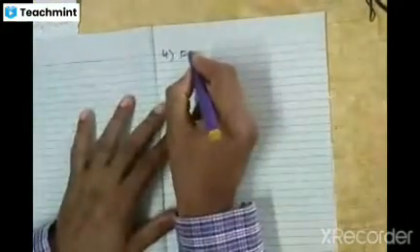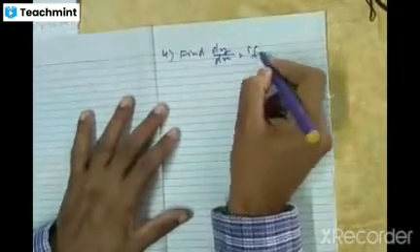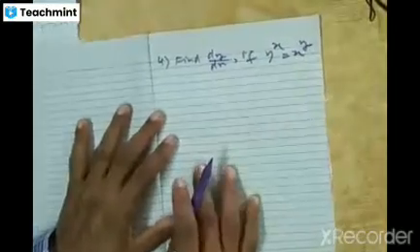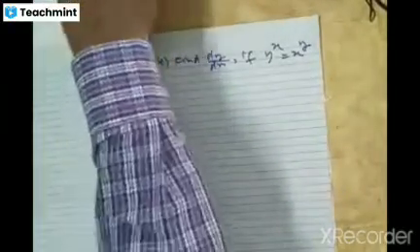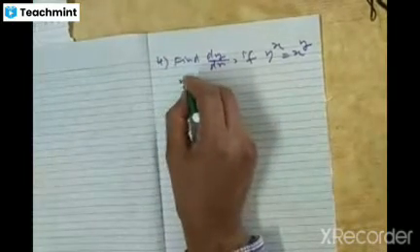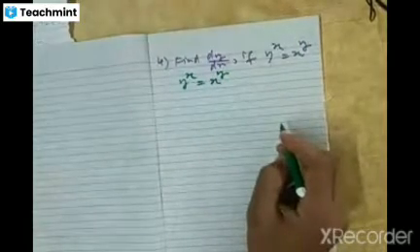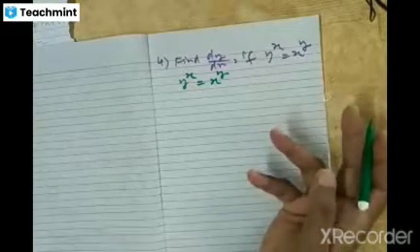The fourth one is: find dy by dx if y^x is equal to x^y. So first write the given function y^x equal to x^y. Take log on both sides, simplify, and after that differentiate and find dy by dx.